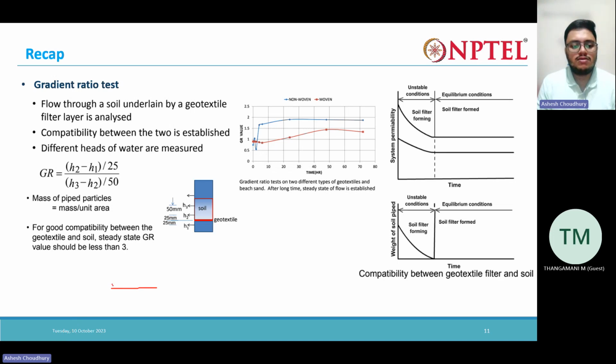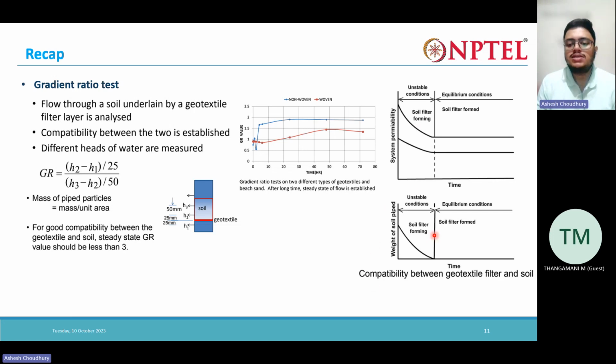Here we have soil. As there is a flow, the soil forms a bridge here, or it forms a layer. So that soil actually forms a soil filter also, above this geotextile filter. After the formation of soil filter, we are seeing that the system permeability actually becomes constant.